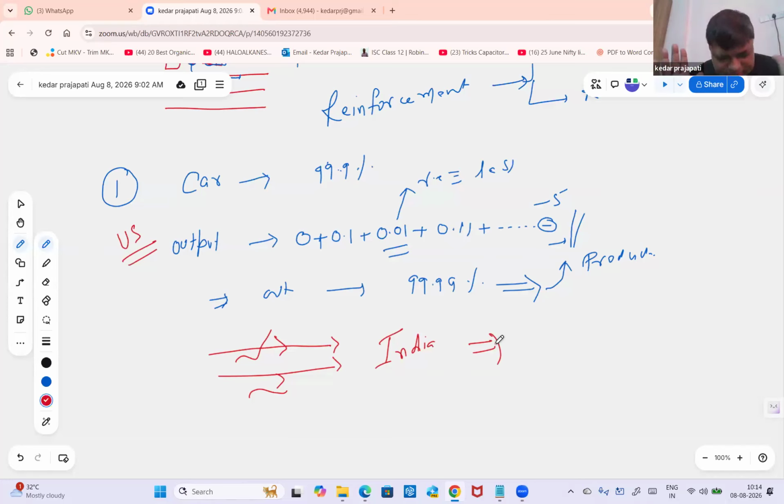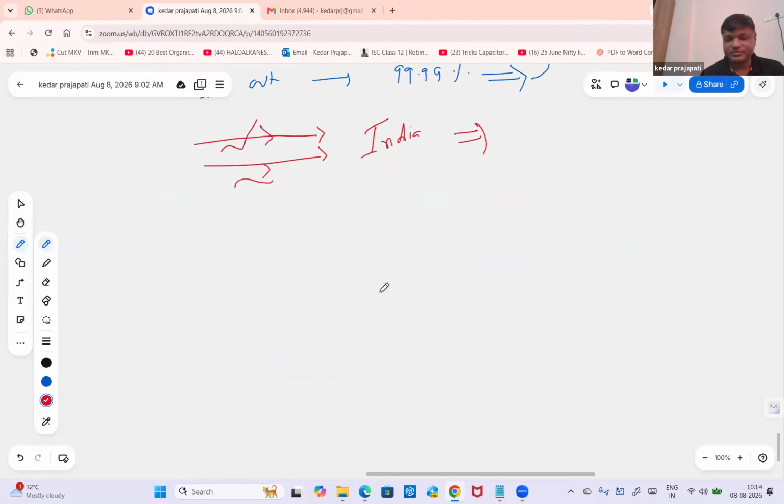So far, supervised learning, unsupervised learning, and reinforcement learning are clear. Let us revise again. Supervised learning: can someone tell what will be the type of data?